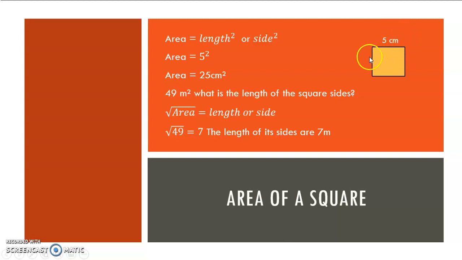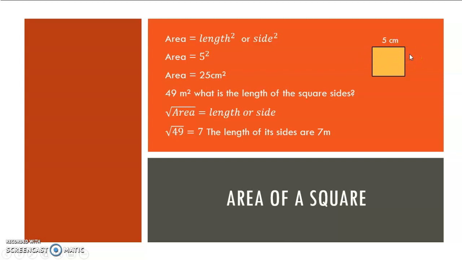Now area. As we said, perimeter is around, and area is how many of that specific distance blocks can you fit into this square. It is surface area, and our formula for that would be length squared or side squared. So you can say L squared or S squared. Why? Because 1 centimeter, 1 centimeter, 1 centimeter, and another 1 centimeter will fit in the first row.